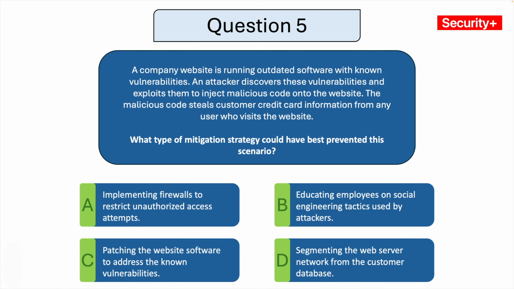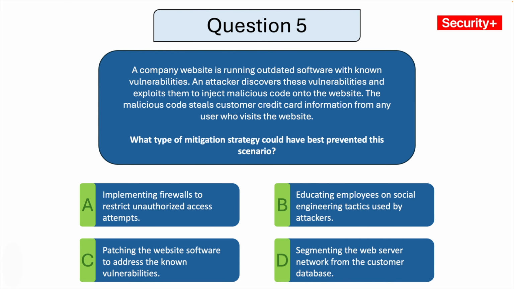What type of mitigation strategy could have best prevented this scenario? A, implementing firewalls to restrict unauthorized access attempts. B, educating employees on social engineering tactics used by attackers. C, patching the website software to address the known vulnerabilities. Or D, segmenting the web server network from the customer database.